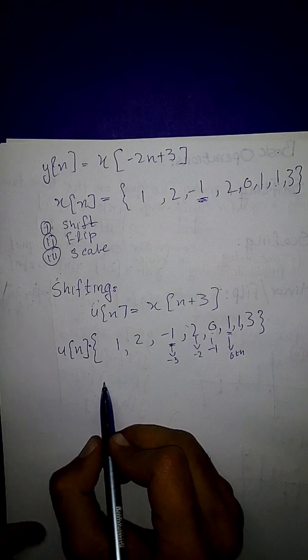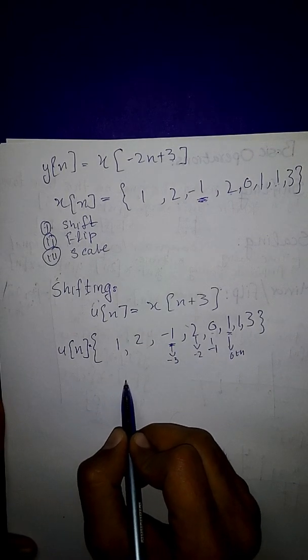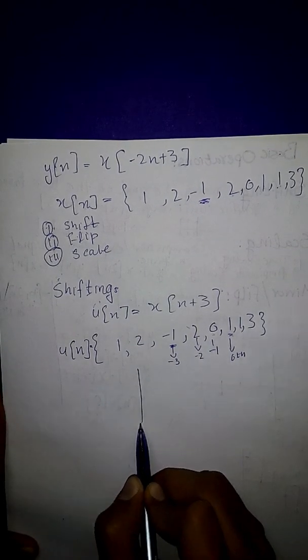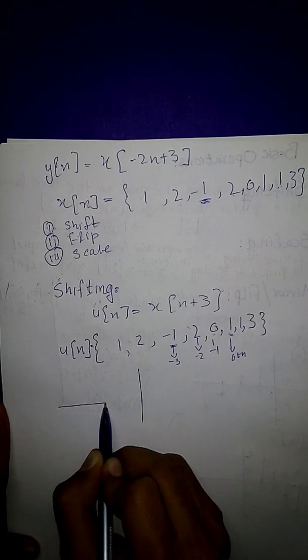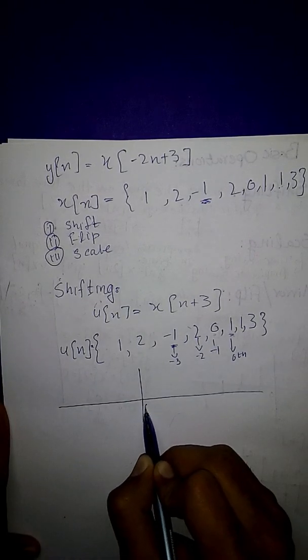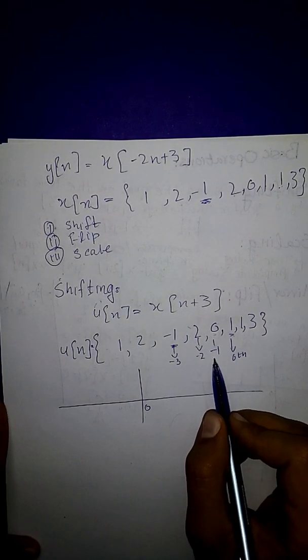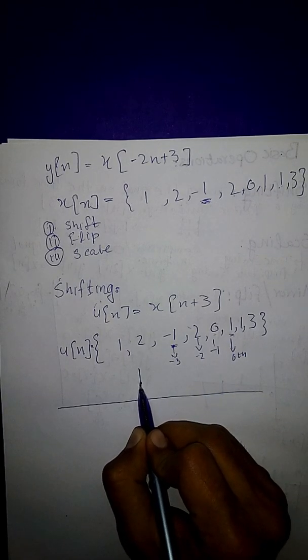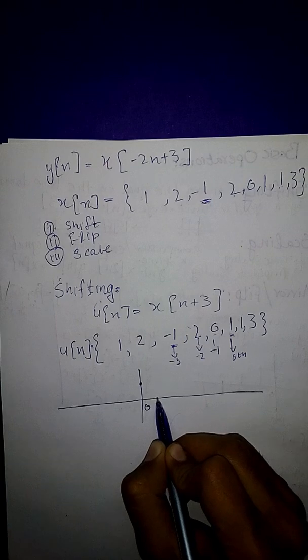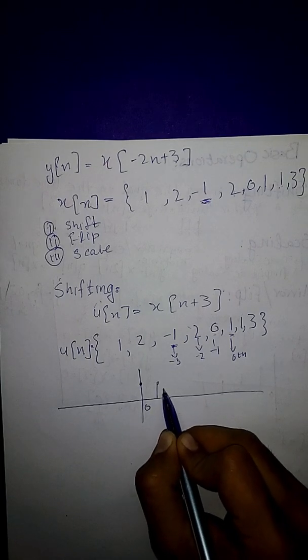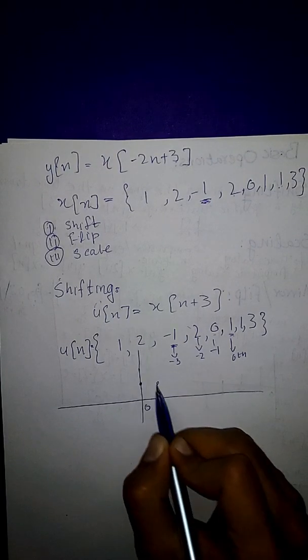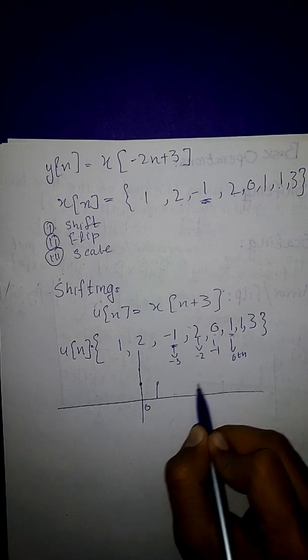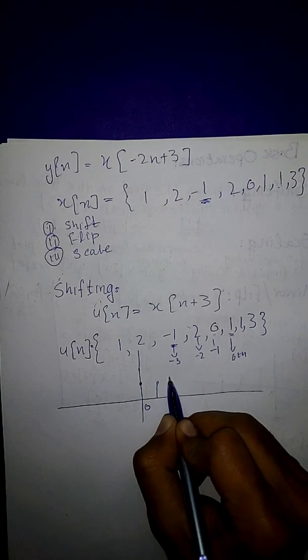If we draw the signal over here, the signal will look like something. On the 0th position we have 1, 1, and on the second position we have 3.